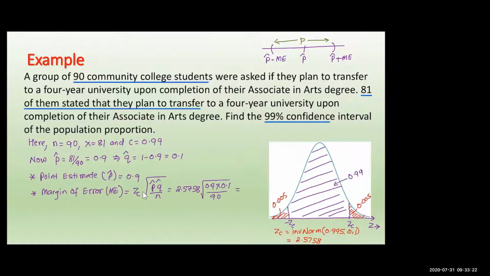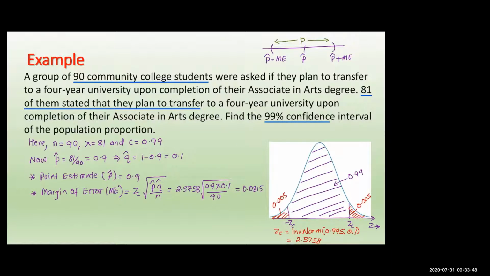Now we need to simplify this using the calculator. So 2.5758 times, make sure you use the multiplication sign in the calculator, then the square root. Inside the square root, we type 0.9 times 0.1 divided by 90. By simplifying this, you must get 0.0815. So that is the margin of error.